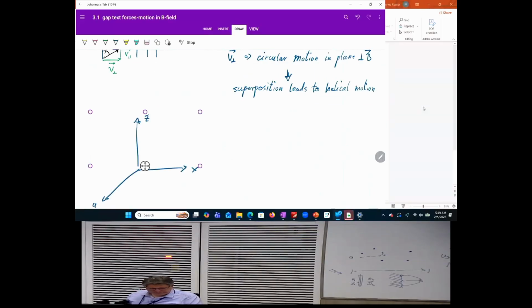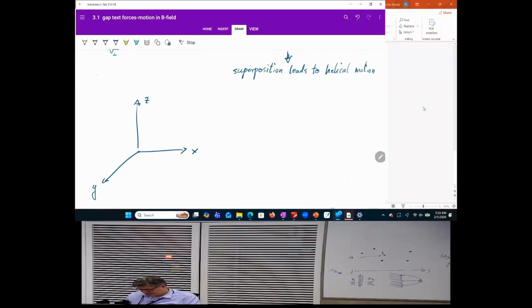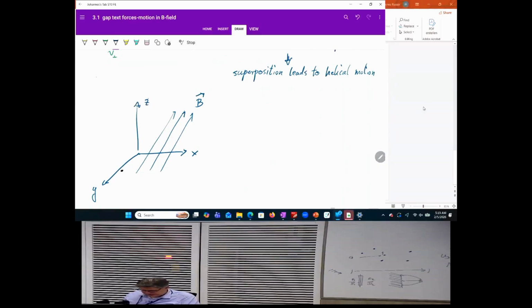Let's assume you have a B field which is somehow oriented like this. And now you have a charge which is coming in here, and it has a velocity vector that you can split up into, again, one component that is perpendicular and one that is parallel to the B field.